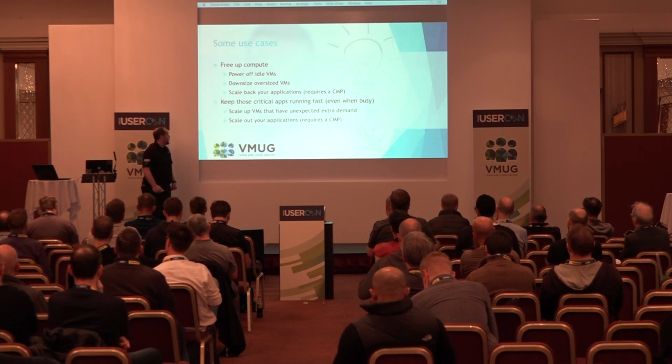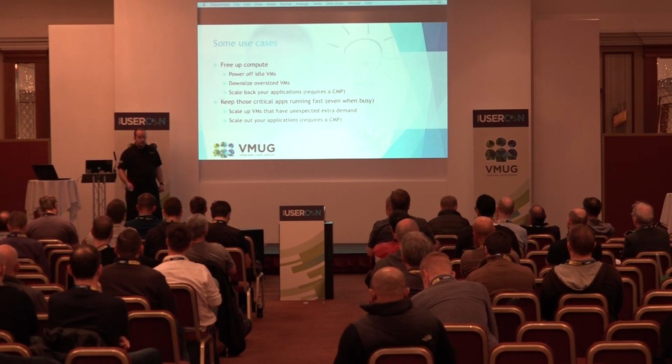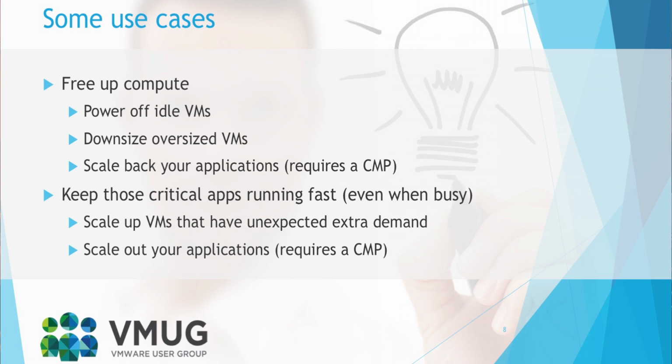This is the bit that I find more exciting: keeping your critical apps running. Hypothetically, let's say you've got your web services running, you've got your website, you've just had a TV advert run, and loads of people are hitting your website unexpectedly. vROps has been monitoring it a long time, so it knows what the norm is. Suddenly your CPU usage goes through the roof because of valid traffic, not DDoS or anything negative.